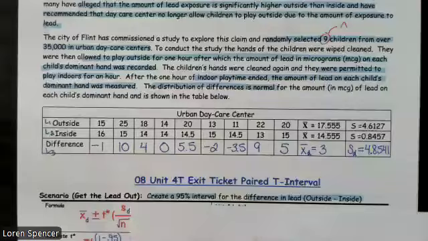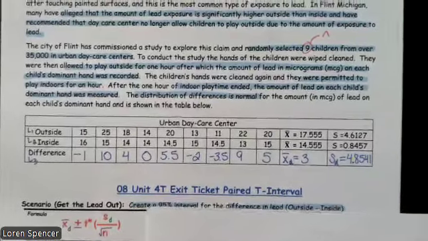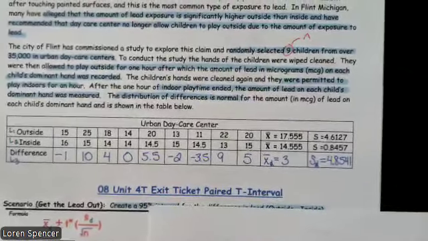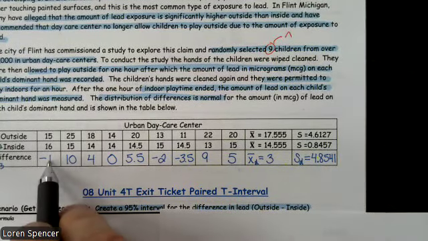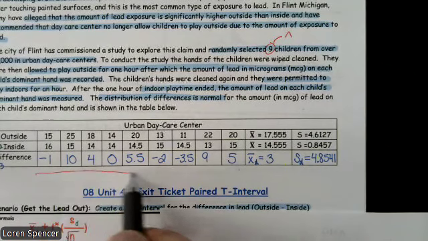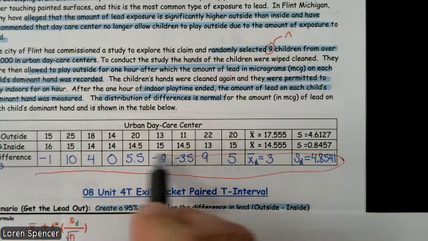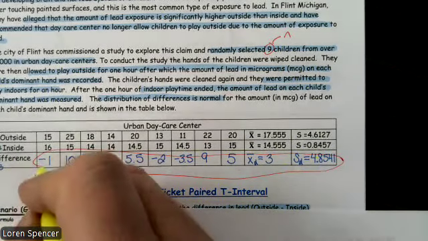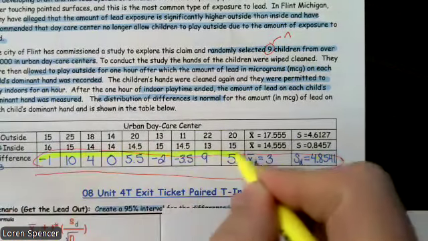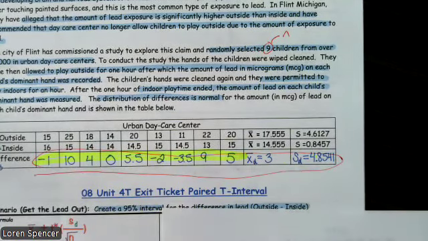Our formula is the same as what we've had before when running a regular t-test. The only difference is we're talking about the differences. So we're talking about this row of data, specifically the data that I'm highlighting. We're looking at these differences right here.